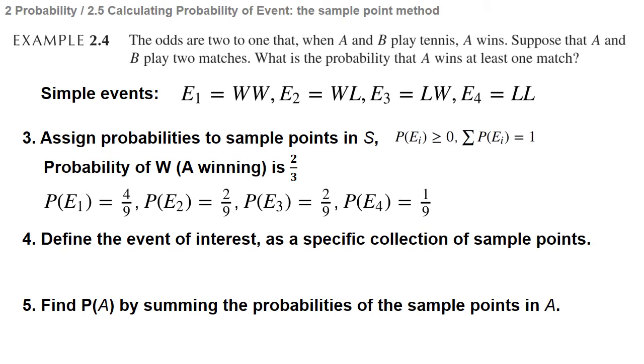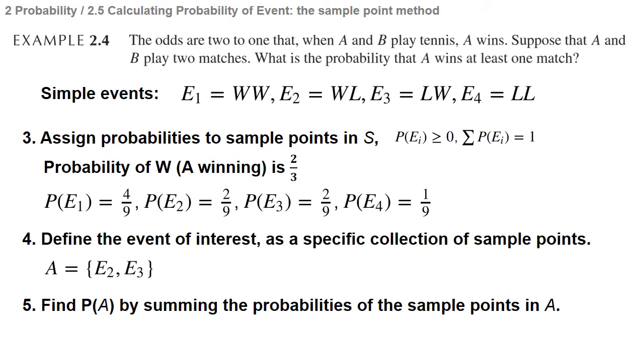In step 4, define the event of interest as a specific collection of sample points. What's the event that we are interested in? What is the probability that A wins at least one match? That's E2 or E3, so the event A contains E2 and E3.